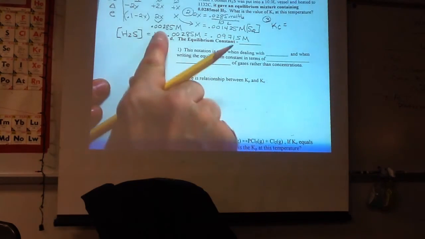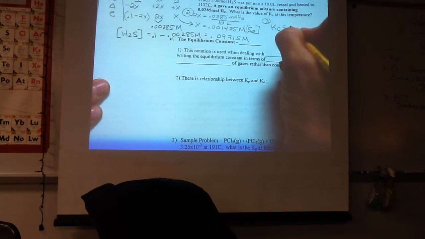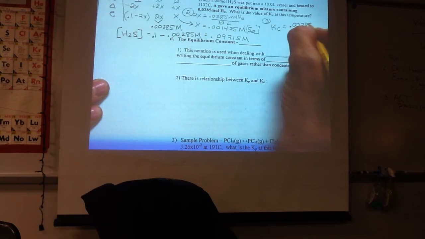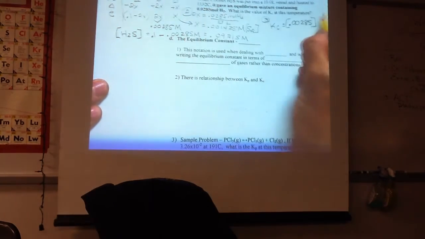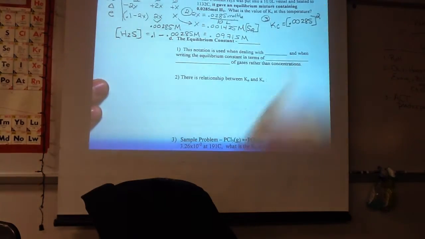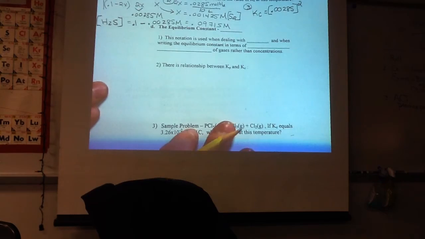what's the concentration of our hydrogen? That's our concentration of our hydrogen. You can put it in scientific notation if you like. So we take that, and the hydrogen value has to be squared because it's 2 moles in the equilibrium expression.